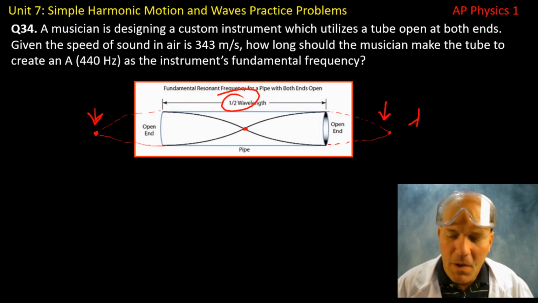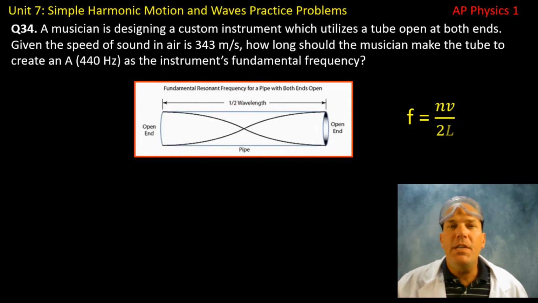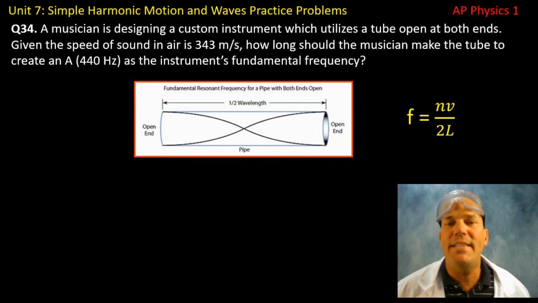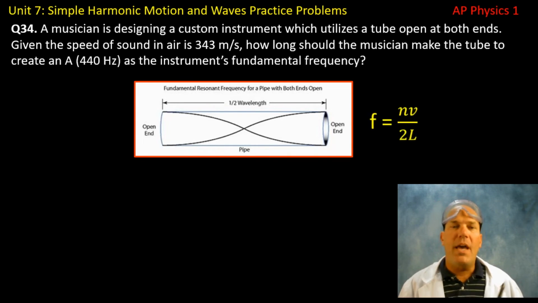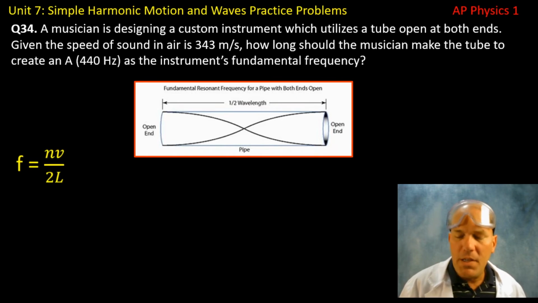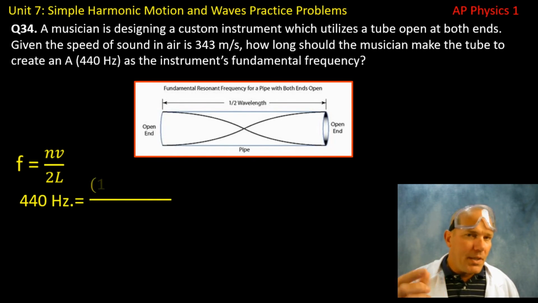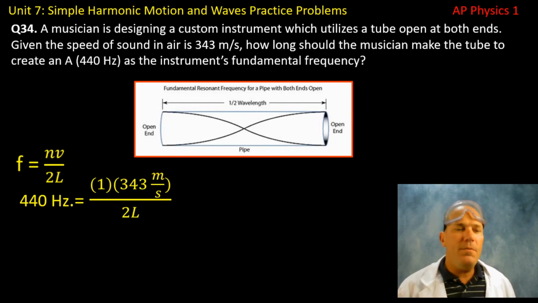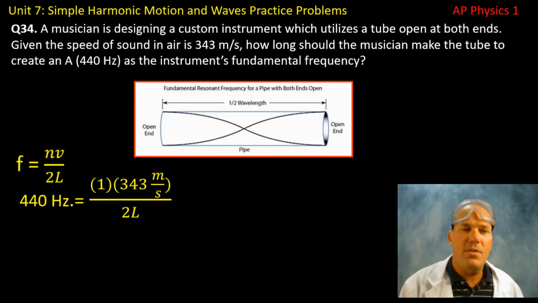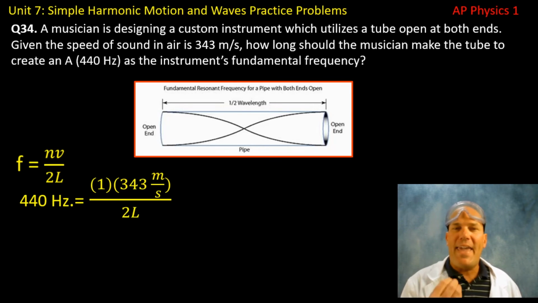All right, so frequency is equal to the harmonic number multiplied by velocity, that quantity divided by twice the length of the column of the pipe. Now, using this equation and the intuition that I just gave you, we can plug in our values. We're given the frequency at 440 hertz, which corresponds with an A note. And then we have N equals 1.